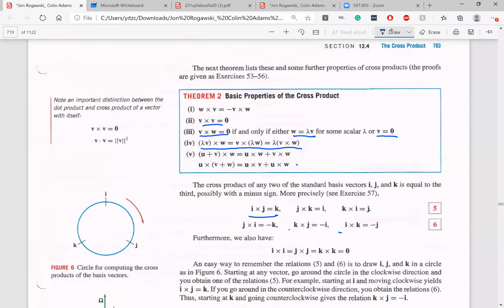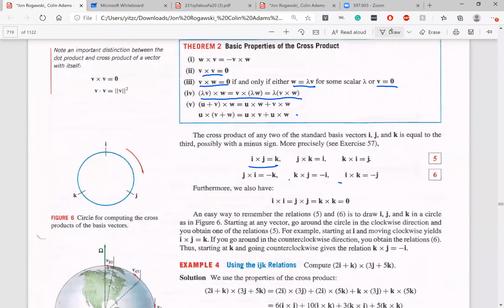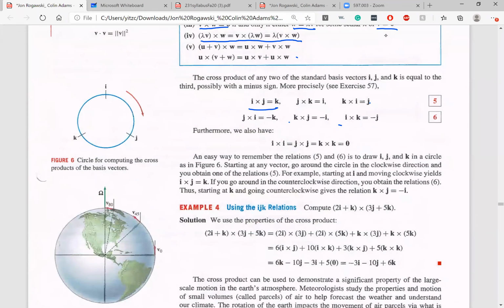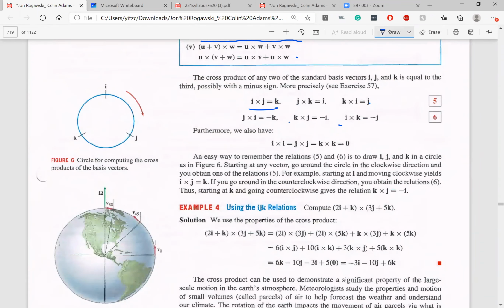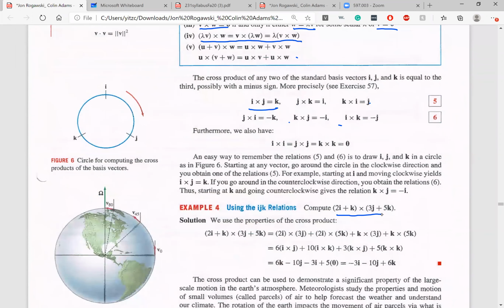And so we're going to do this problem. They want us to compute this over here. So I'm just going to look at what they did. First you factor it, FOIL. So 2i times 3j, 2i cross 3j, and so on.